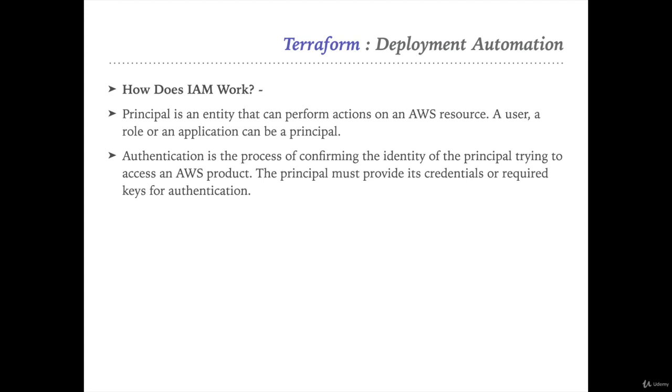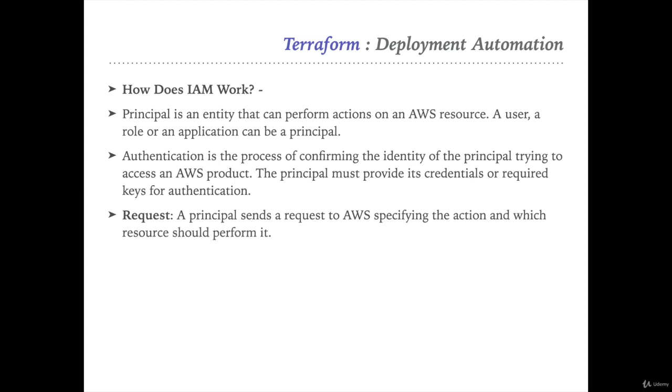Whenever we were logging in to the AWS EC2 instances, we were providing the user and the private key as credentials. And whenever the AWS instance was trying to access MariaDB, it was also providing the DB access, plus the security group of the AWS instance was whitelisted on MariaDB. So authentication is required whenever a principal is trying to access or perform any actions on AWS resources.